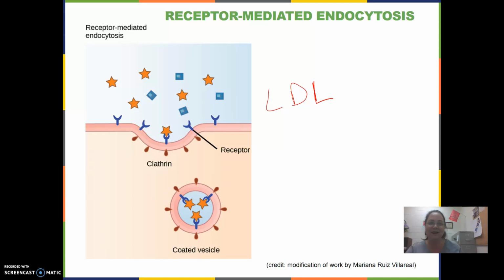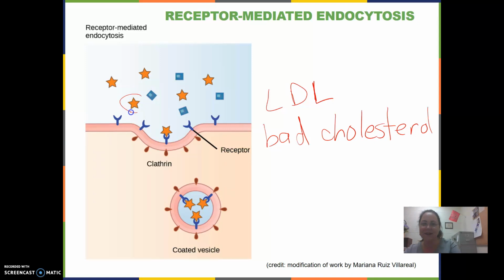And in receptor-mediated endocytosis, this happens with certain types of cholesterol molecules, the ones called LDLs, or low density lipoproteins. LDLs are the bad cholesterol. HDLs, or high density lipoproteins, are the good cholesterol. So a lot of times when they measure your cholesterol levels, they measure levels of LDLs and levels of HDLs. They want your HDL levels to be higher than your LDL levels, and they want your LDL levels to be as low as possible. So let's say the stars are the LDL cholesterol molecules, and they have to bind.